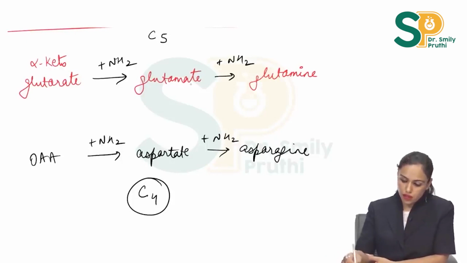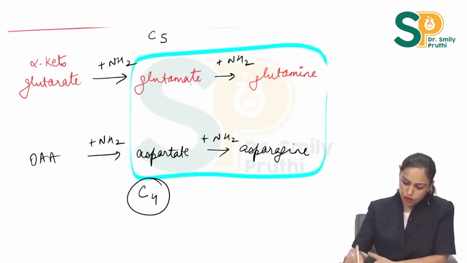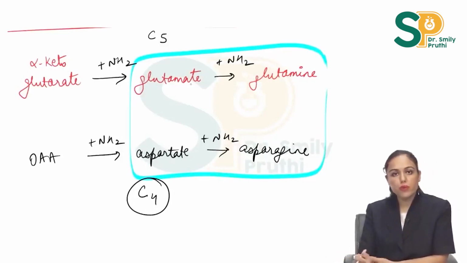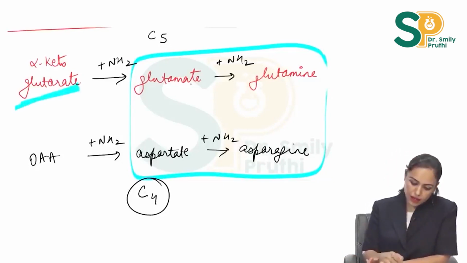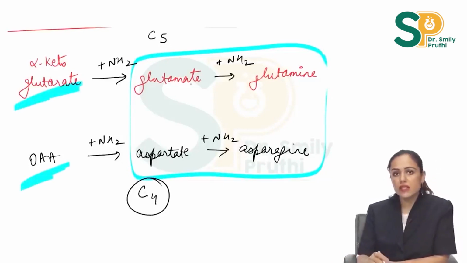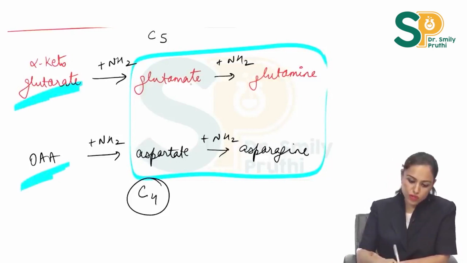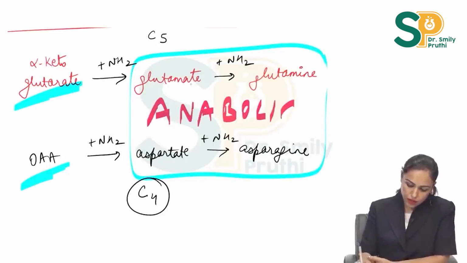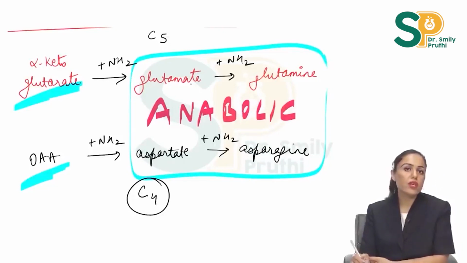Now see here, can you see these 4 are amino acids? Glutamate, glutamine, aspartate, asparagine. These 4 amino acids are getting synthesized from TCA cycle intermediates. I told you this is the anabolic role of TCA, that TCA intermediates are used for the synthesis of important things in the body.